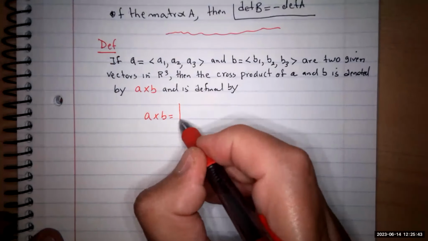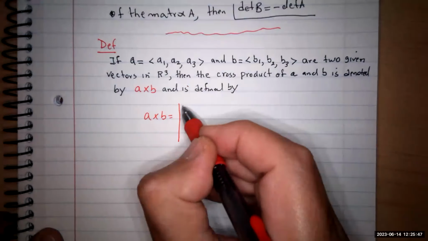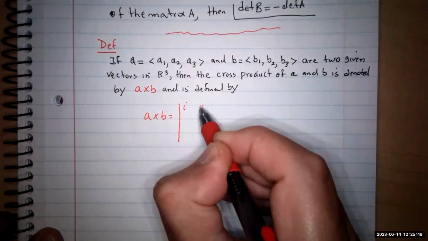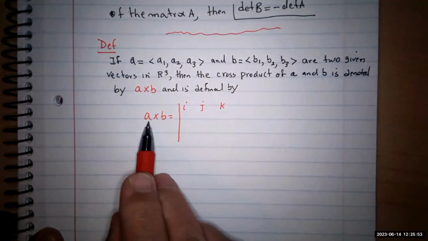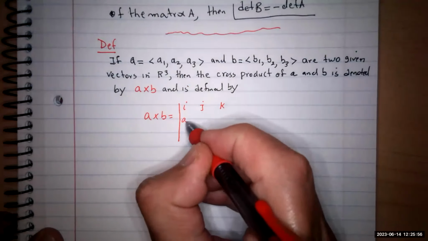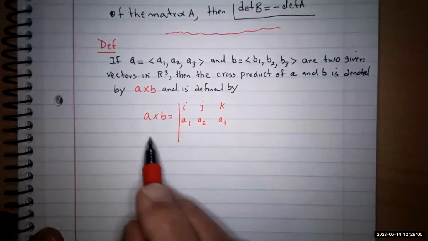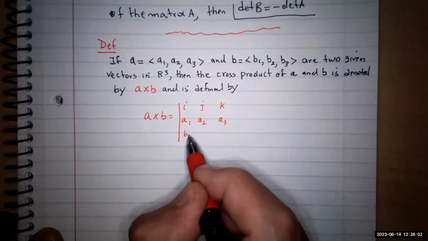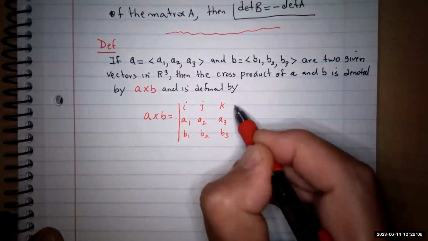Remember, a straight line means determinant. The first row you have i, j, k. Then the second row would be the components of A: A1, A2, A3. And the last row would be B1, B2, B3. That's it.